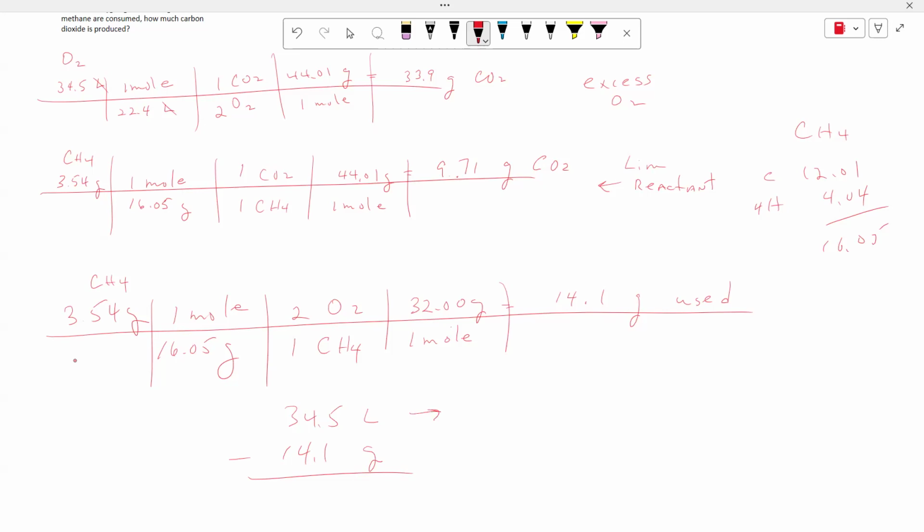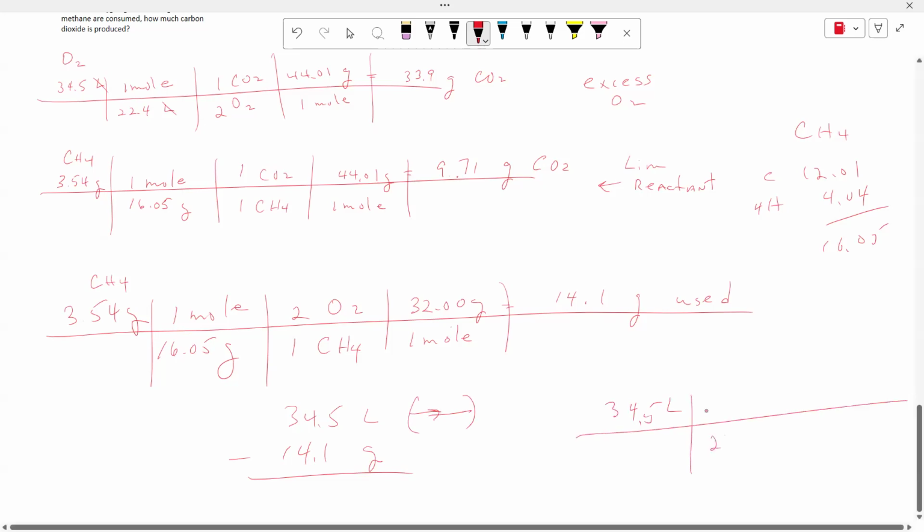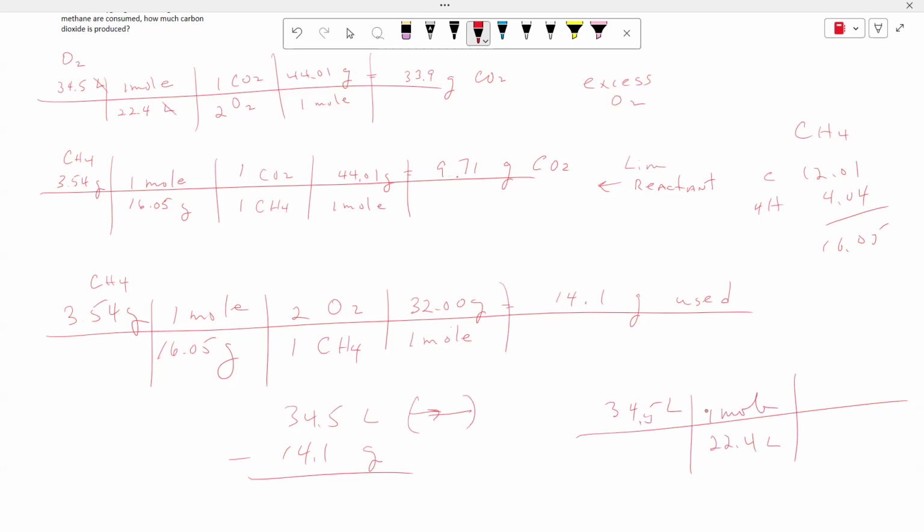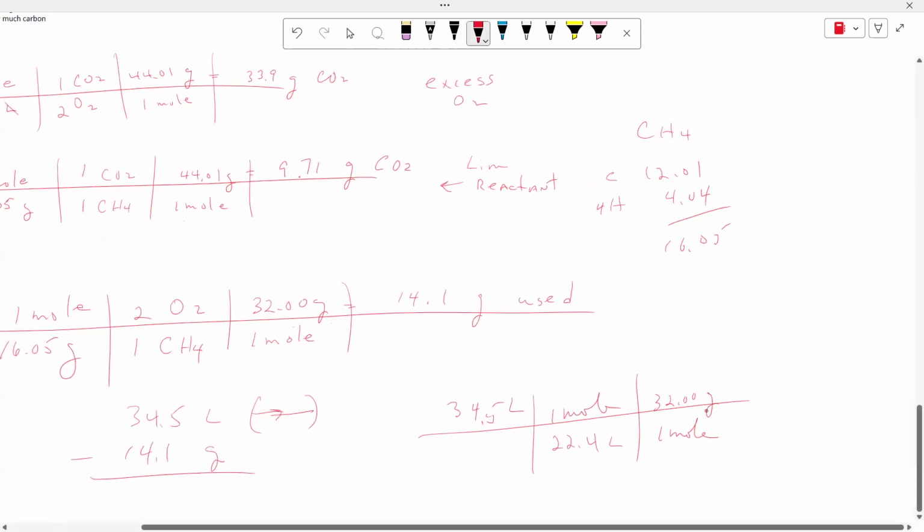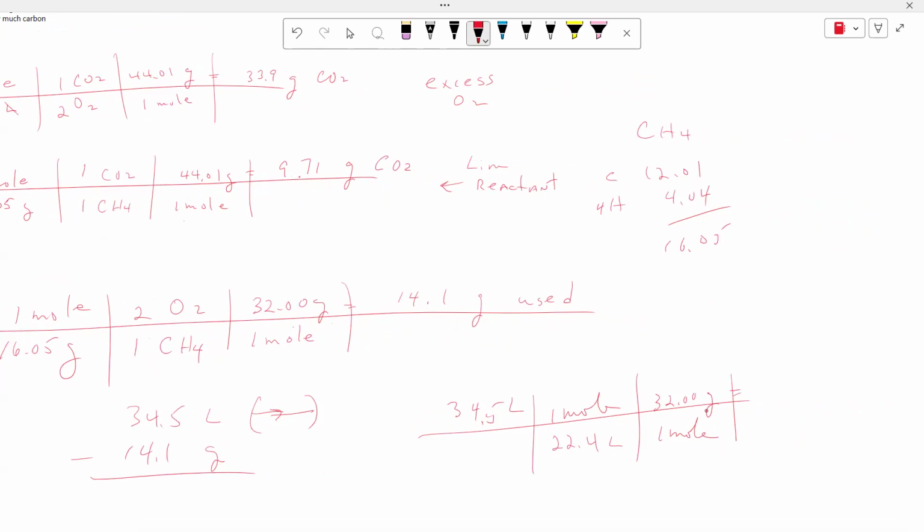So we need to have this converted to grams. So now we have the liters converted to grams.